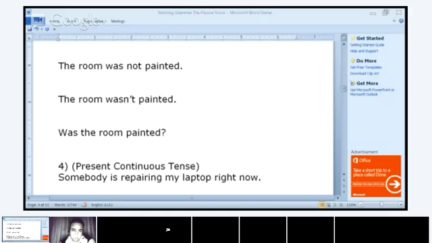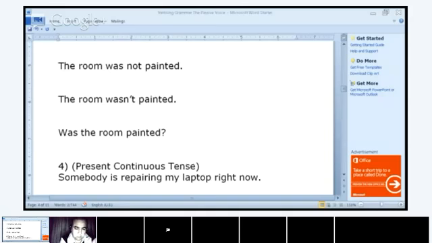Okay. Yes. Now what we're looking for is the negative form of this sentence and the question form. We have the positive form of this sentence. So I might say, I don't have my laptop. Somebody is repairing my laptop right now.